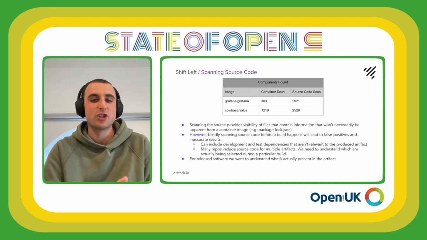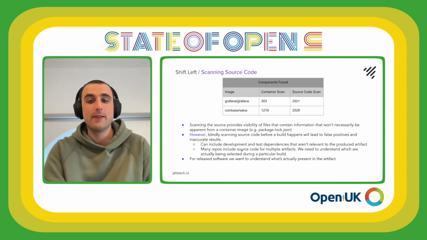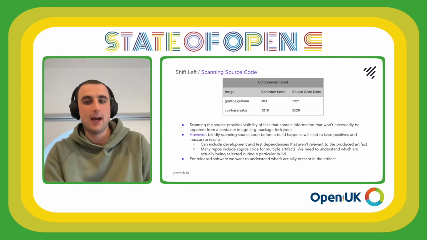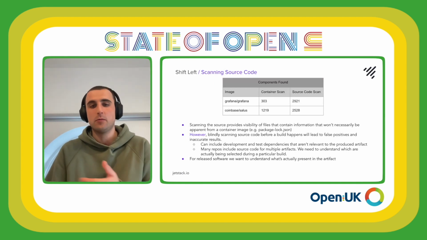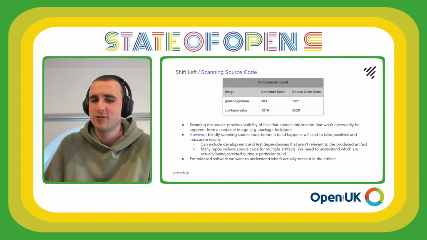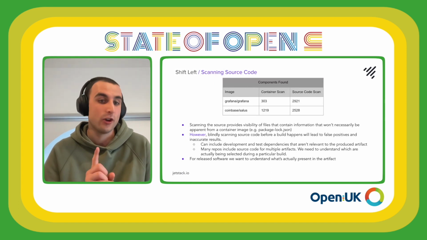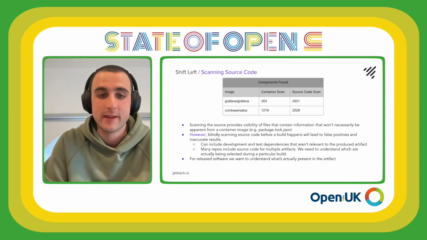These dependencies won't actually be part of the compilation that is our final binary, and they're not relevant to the produced artifact. And indeed, there's little to no chance that crossover between them could cause a vulnerability to end up in the produced artifact. But that's actually an interesting subject because it could, so you may want to care about it. So it's not exactly a black and white answer either.